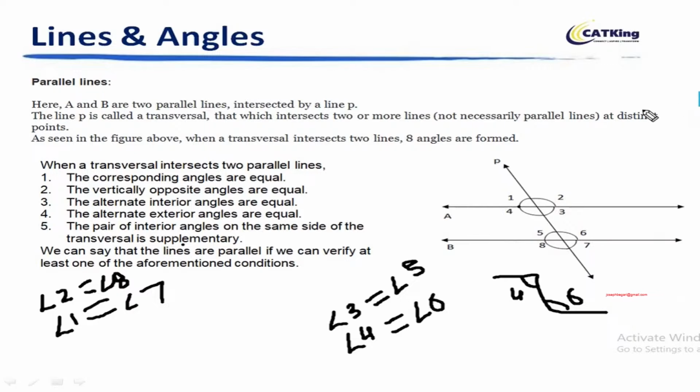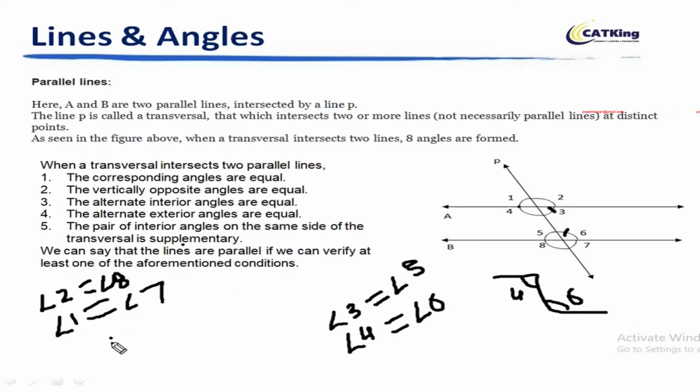When the sum of two angles is equal to 180 degrees, they form supplementary angles, right? So on the same side of the transversal, the interior angles, for example, angle 3 and angle 6, these two form a supplementary pair. And similarly, angle 4 and angle 5.